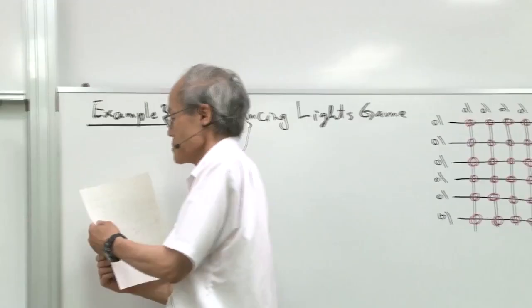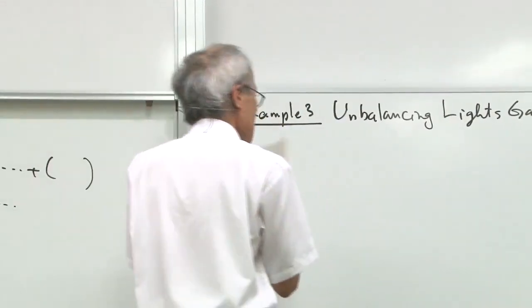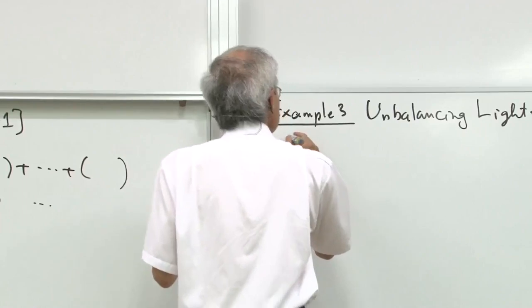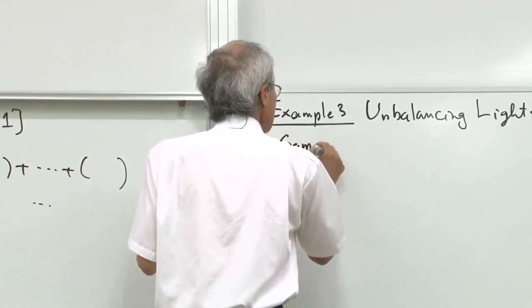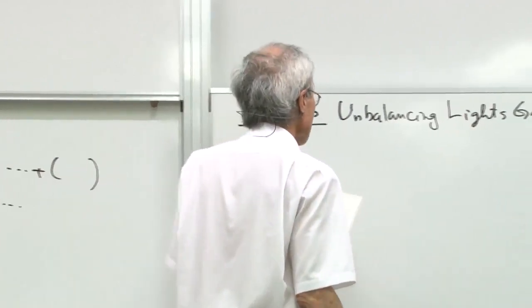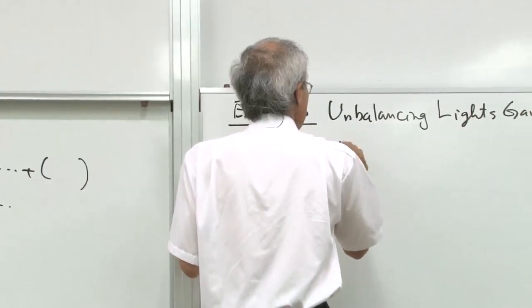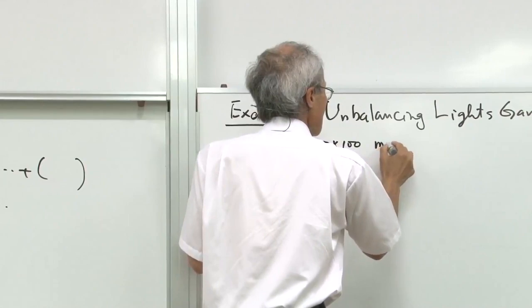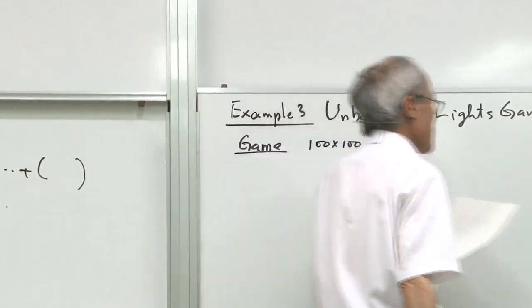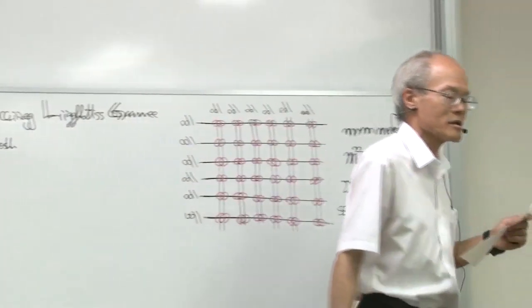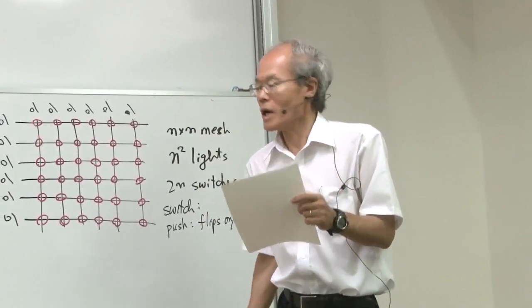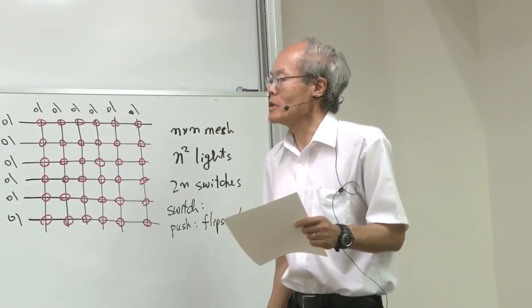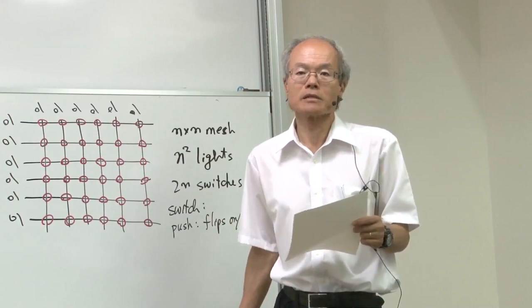Now again, suppose that we have a 100 by 100 mesh. That means we have 10,000 lights.